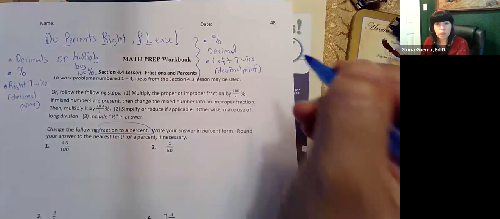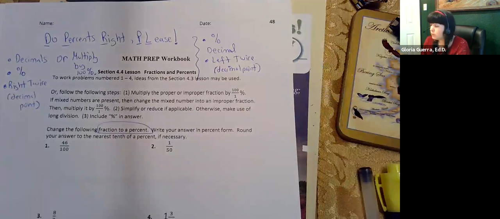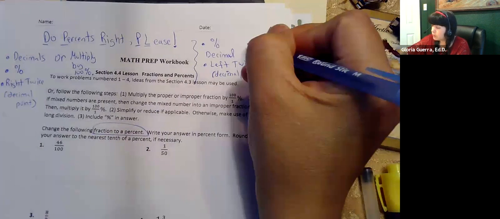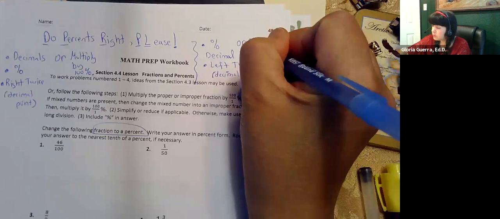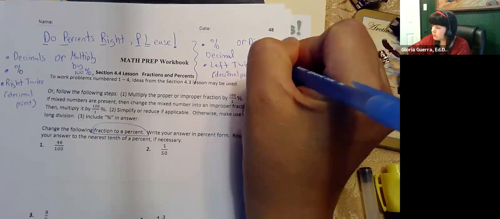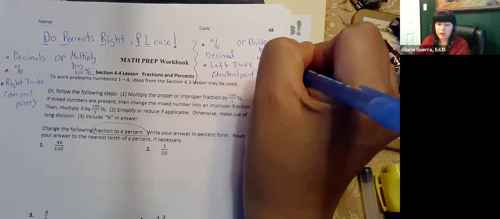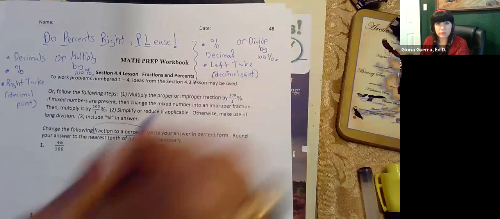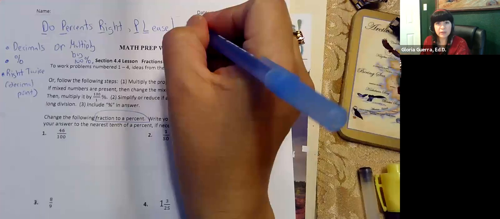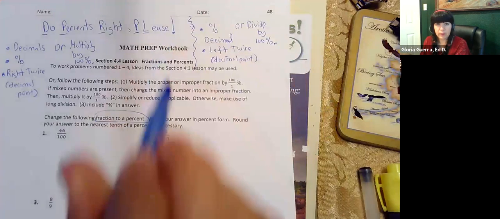There are always 2 ways to work a problem, so the other way is to divide by 100%. Okay, those are the ideas that I showed in 4.3.